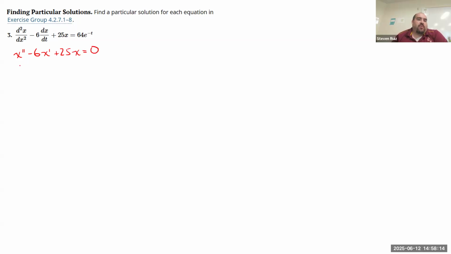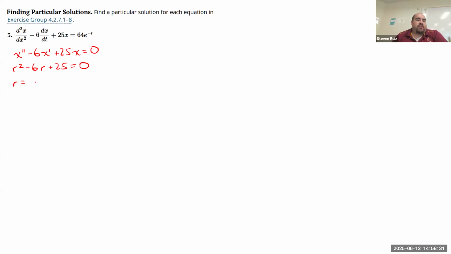And the corresponding characteristic equation that comes from that: r squared minus 6r plus 25 equals 0. I don't believe this factors or is even going to have real roots.